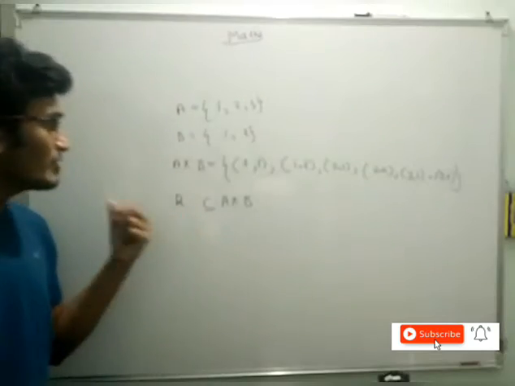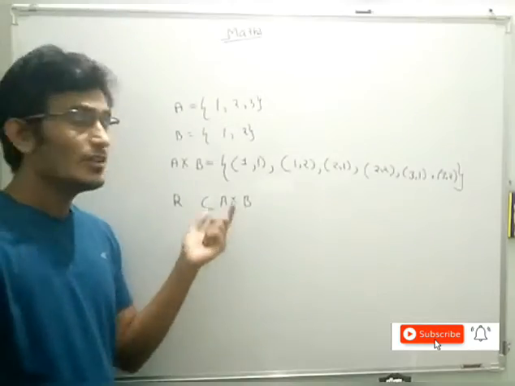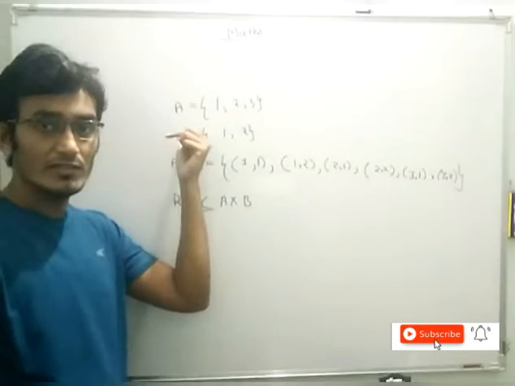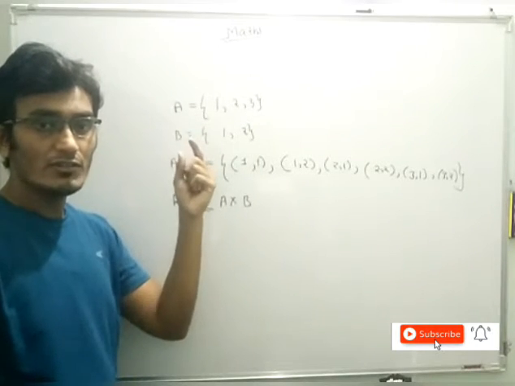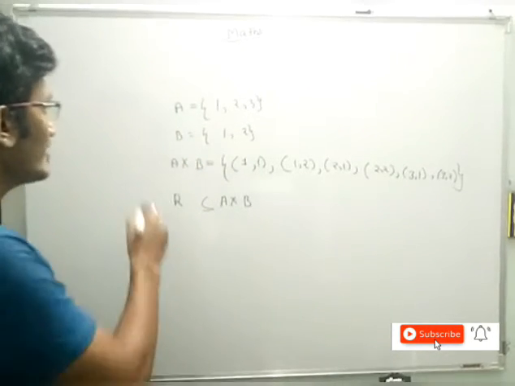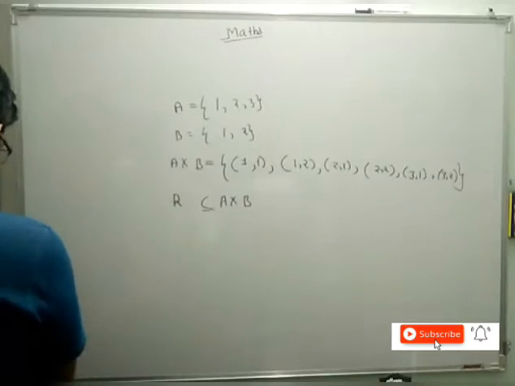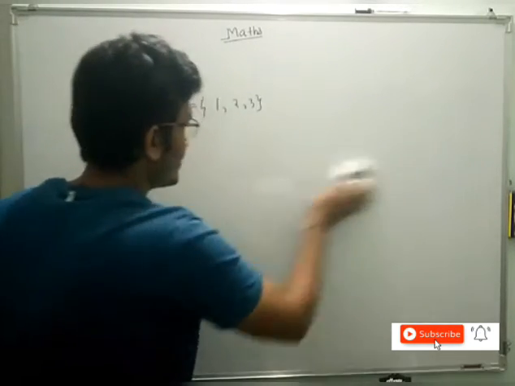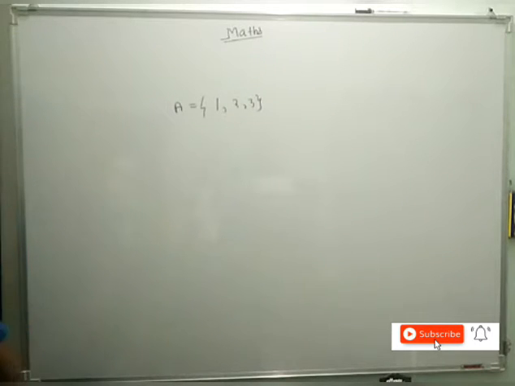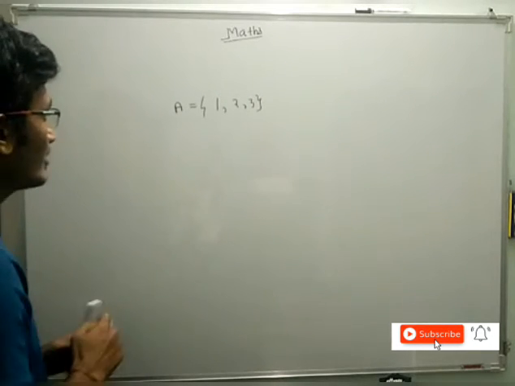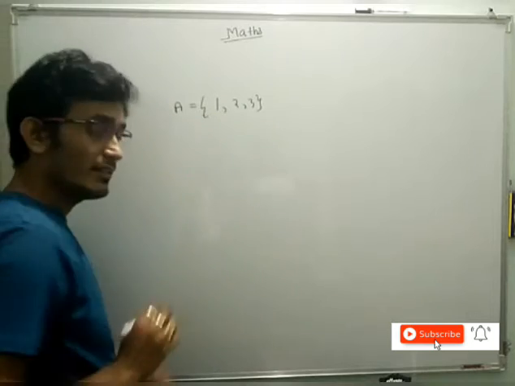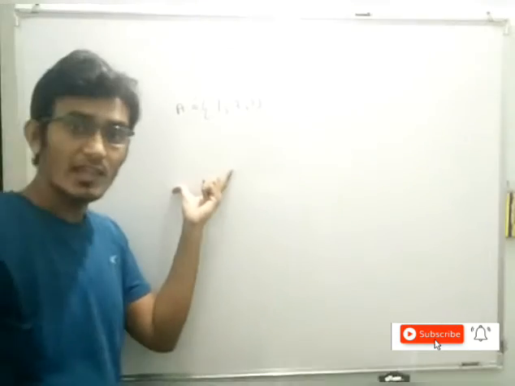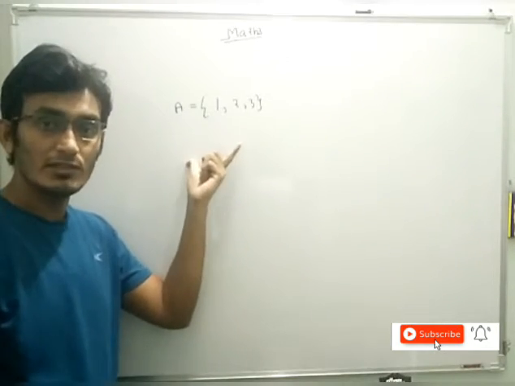Now a question may arise. Here we are considering two sets A and B. Suppose we consider only one set A instead of A and B. Can we find the Cartesian product?